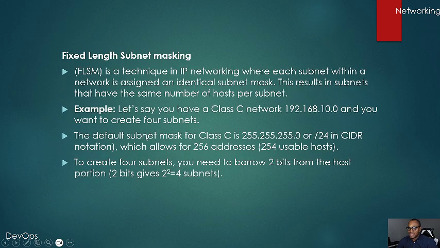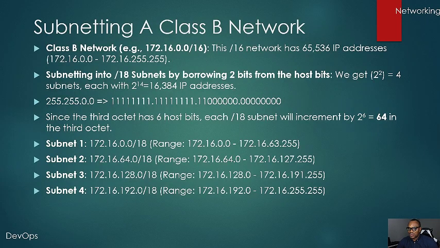All right. Fixed length subnet masking is just a situation that we have seen here, where we are doing an example of subnetting, and we created four subnets out of this particular /16. So we can only create the same size of subnet.